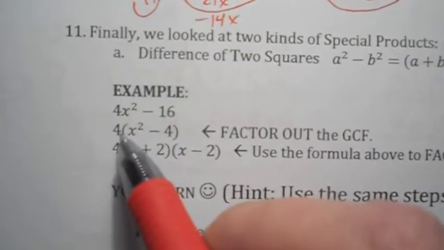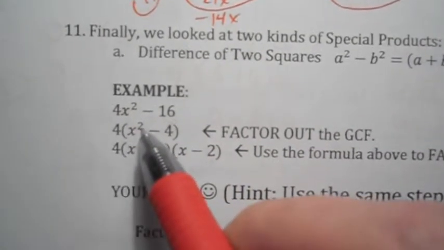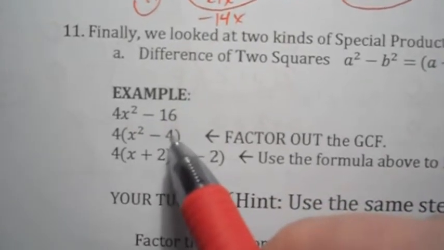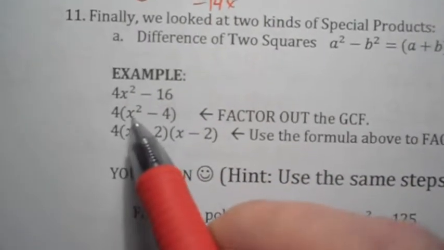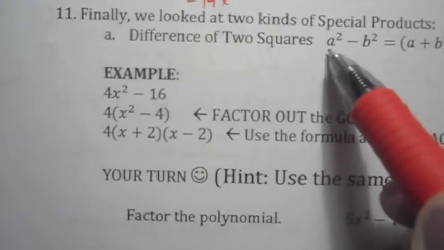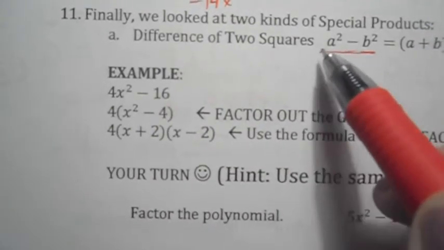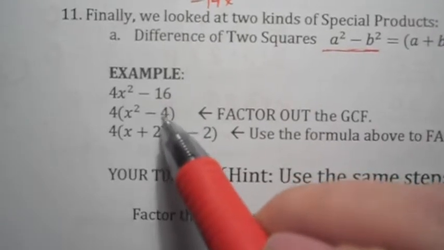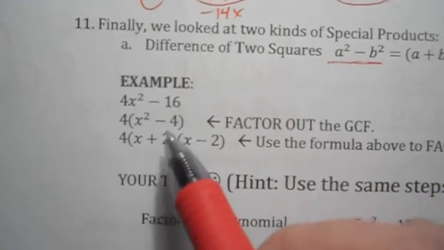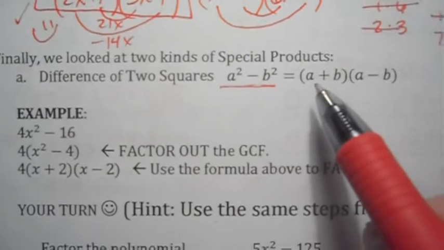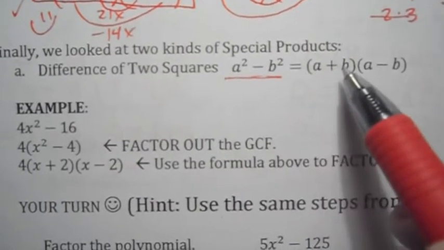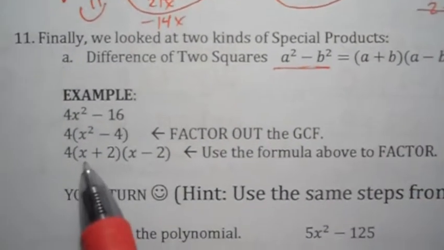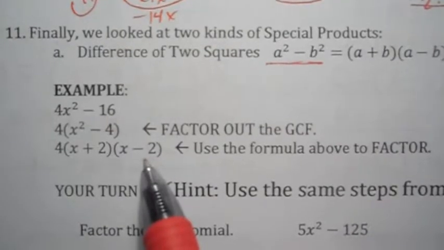When you factor out a 4, you're left with x squared minus 4. Since x squared minus 4 looks like this, something squared minus something squared, where that something is a 2, we can write the factors as x plus 2 and x minus 2, and that's just what's been done here.